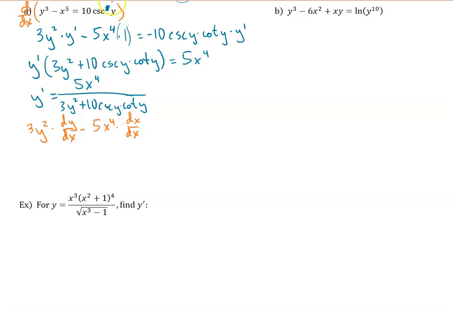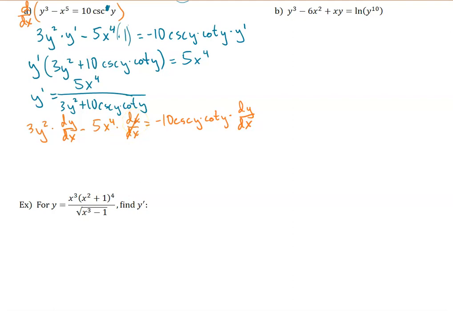I'm using the chain rule with each piece. And then equals negative 10 cosecant y times cotangent y times the derivative of the inside, dy over dx. So with every term, whatever variable was there, I multiplied by the derivative of that with respect to x at the end of each.